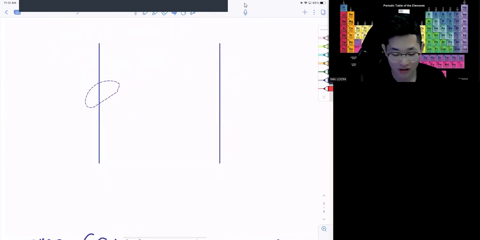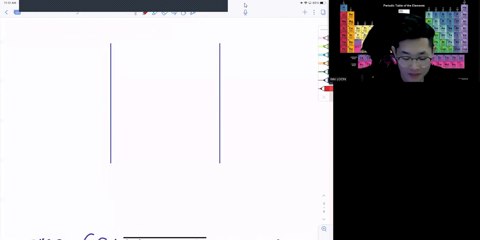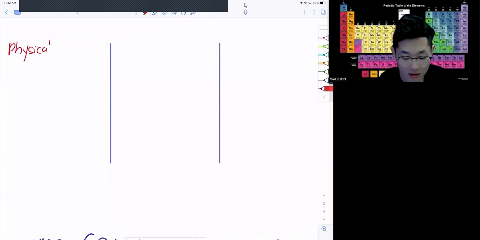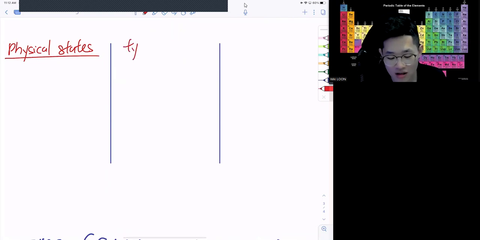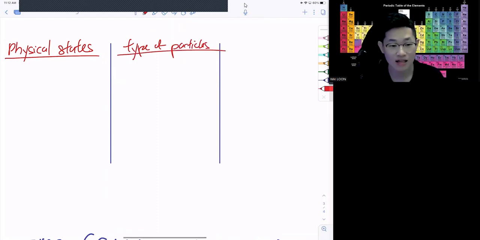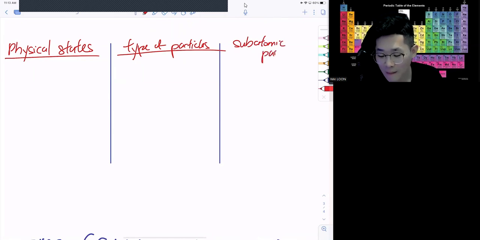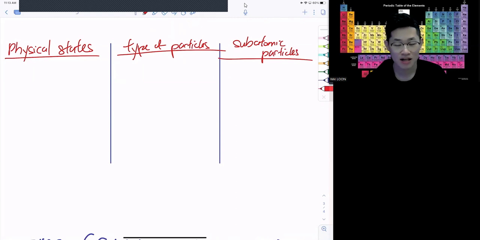When the question is asking for physical states, type of particles, or subatomic particles, students very often give the wrong answer.